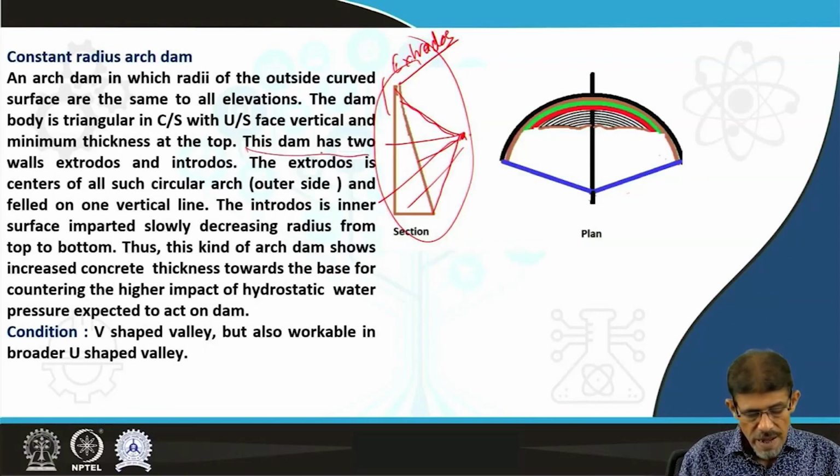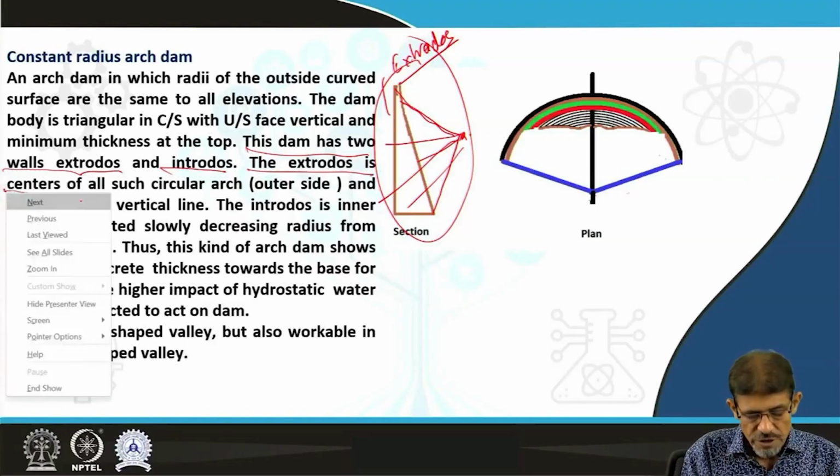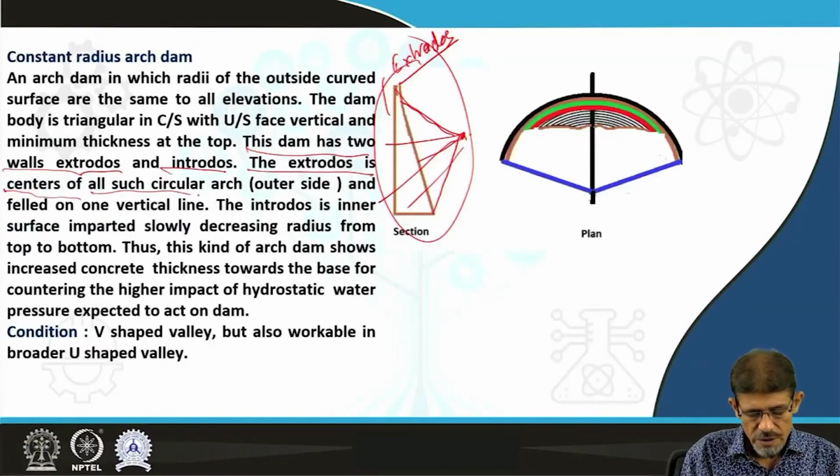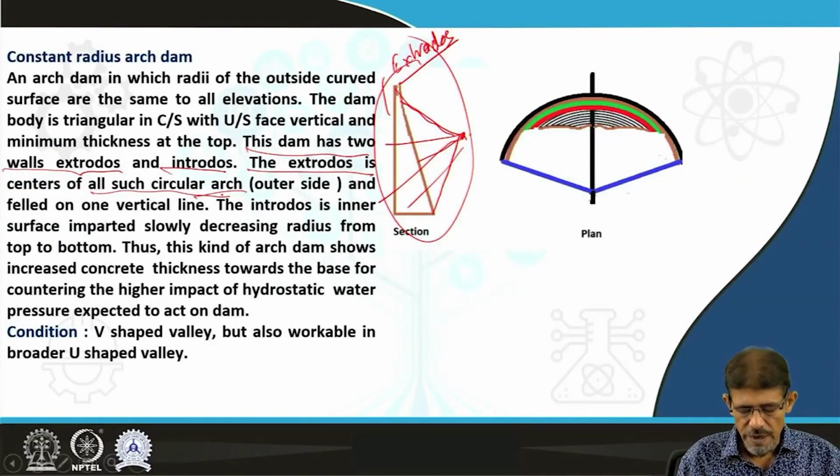This dam has two walls, extrados and intrados, and the extrados represents the centers of all such circular arches in the outer side zone, lying in one vertical line.